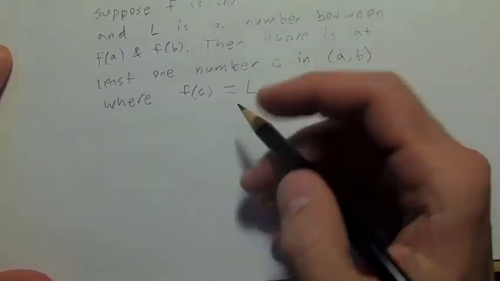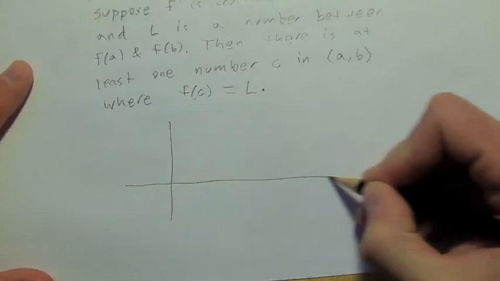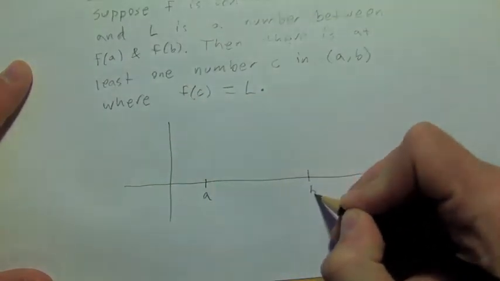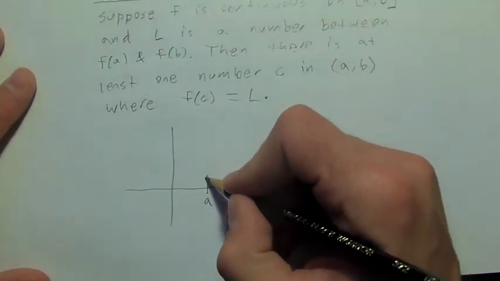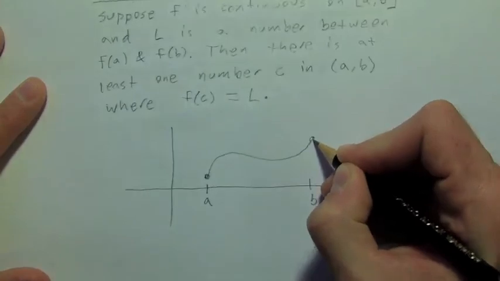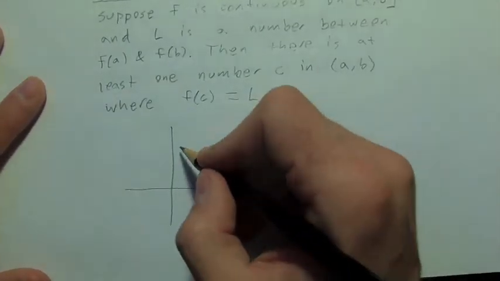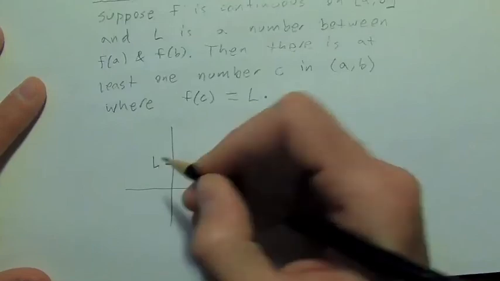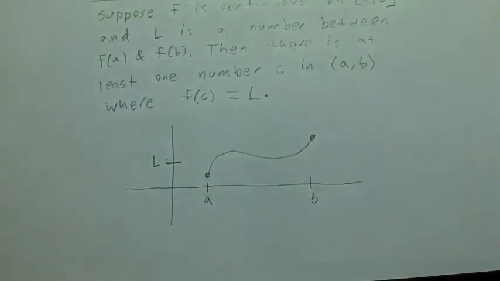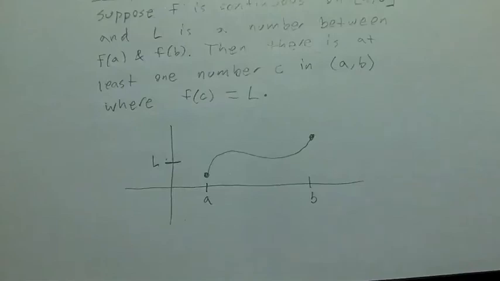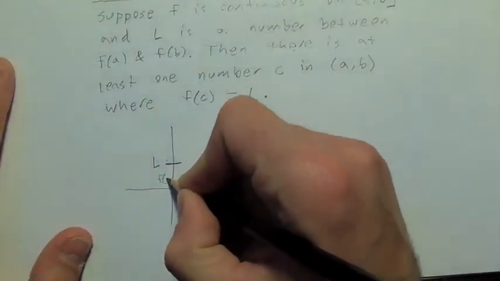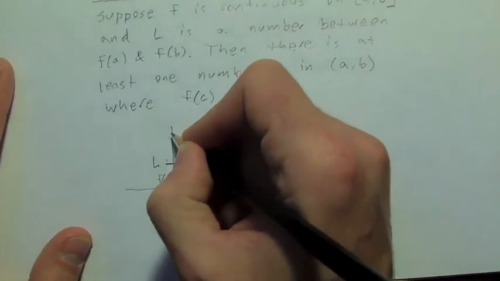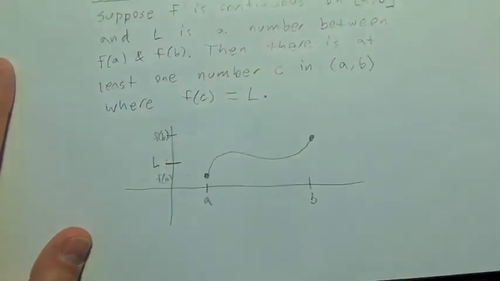Basically, say we have a continuous function from a to b. Right? Now here's let's say the starting point, and here's the ending point. And let's pick a value L. Okay? Since this function is continuous, there must be an x value between a and b such that f of c is equal to this y value, right? Because here's f of a, here's f of b, right?